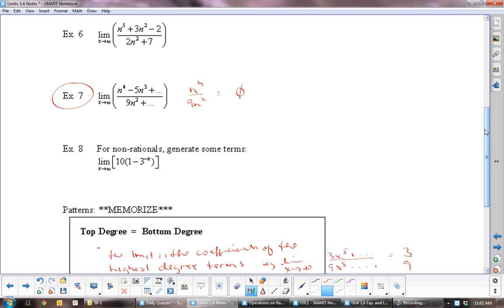Okay, and another way you can show that it doesn't exist is by dividing everything by n to the 4, because that would be n to the 4 over n to the 4 divided by 9n squared over n to the 4. That would equal 1 over 0, right? And 1 over 0 is undefined or does not exist.